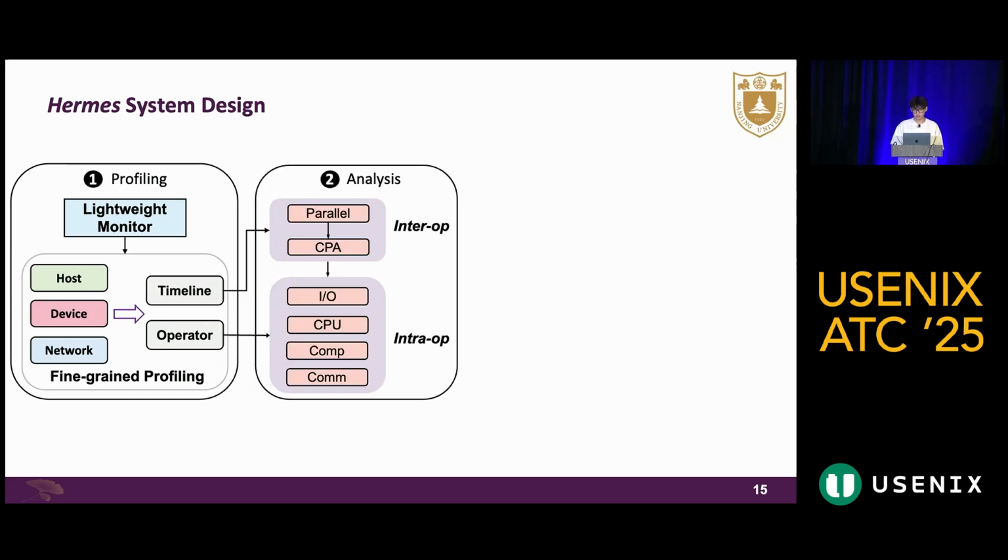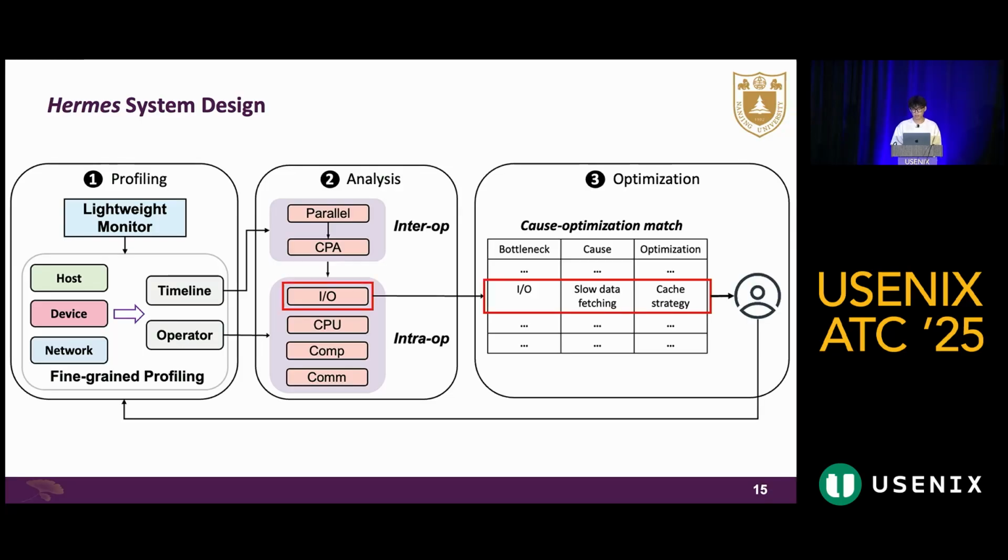In the analysis, we employ a hierarchical bottleneck analysis framework covering parallel, I/O, CPU, computation, and communication bottlenecks. Finally, for optimization, we propose an optimization tool, MSTT advisor, which automatically provides suggestions through bottleneck cost and optimization matching.